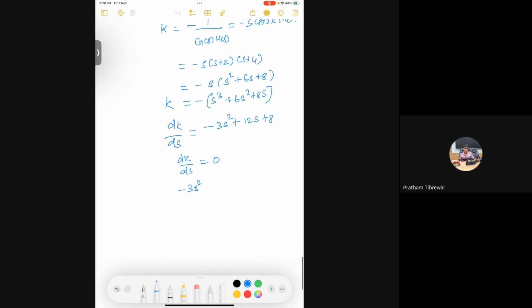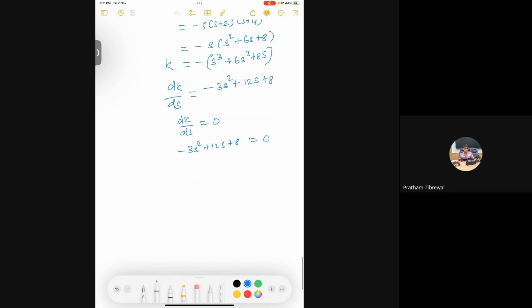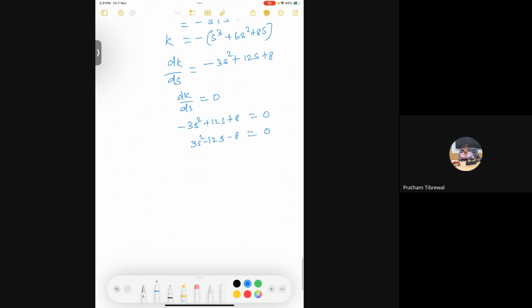So minus 3s squared plus 12s plus 8 equal to 0. I'll keep everything as negative and divide everything by 3: s squared minus 4s minus 8 by 3 equal to 0.